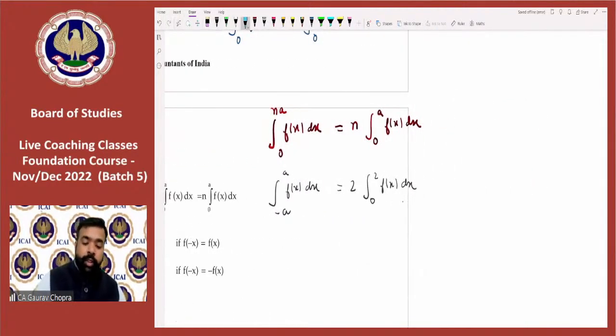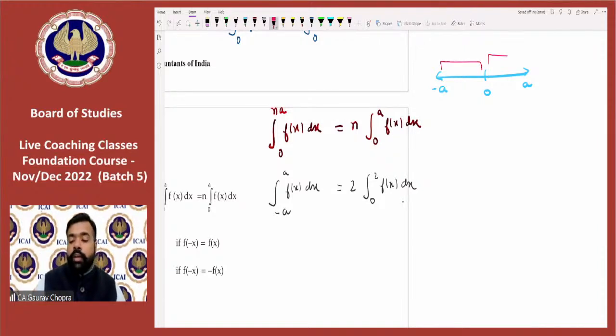Why have we done 2? Because we are traveling from one corner to another. We have minus a here and a on the other side, and in between it is 0. So we have to travel from minus a to 0 and from 0 to a.